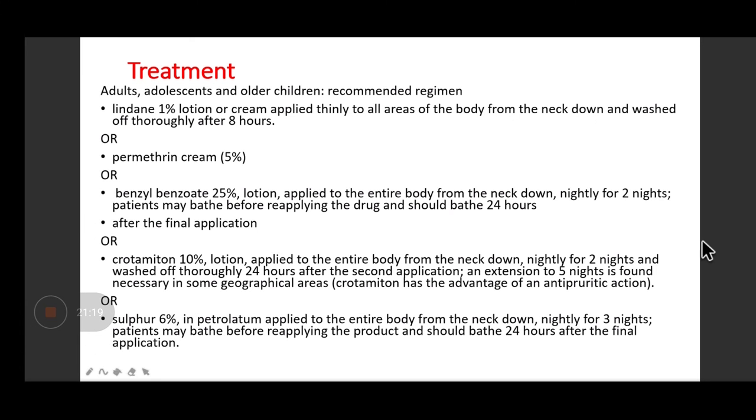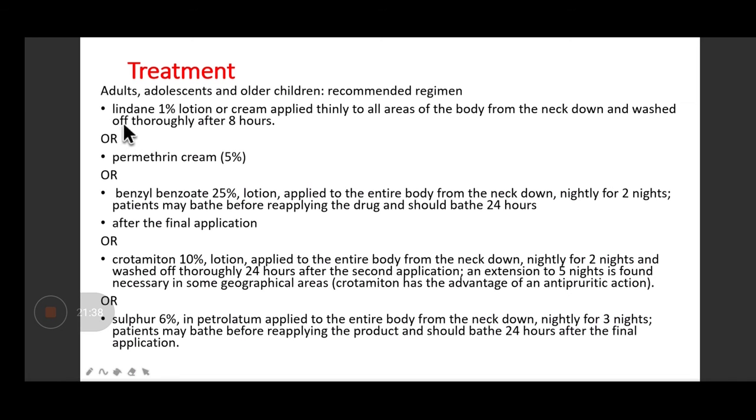So coming to the treatment, the recommended regimen is that we can use Lindane 1% lotion or cream, which is to be applied to all areas of the body from the neck down and washed off thoroughly after 8 hours.